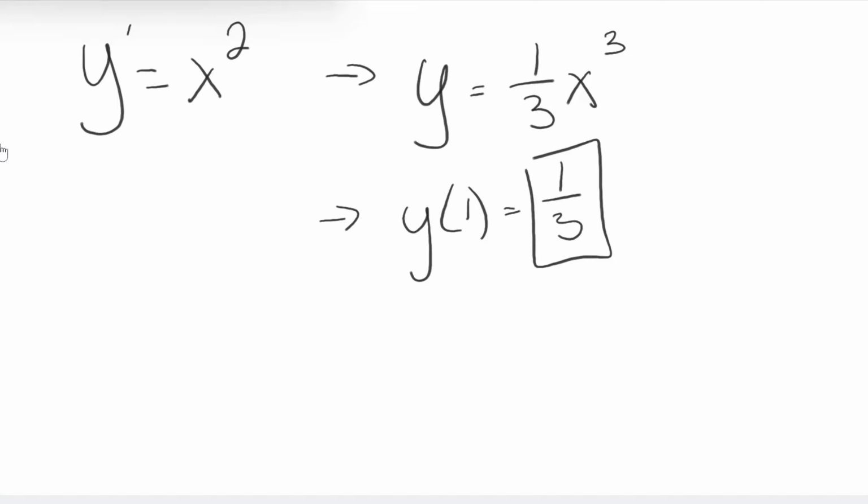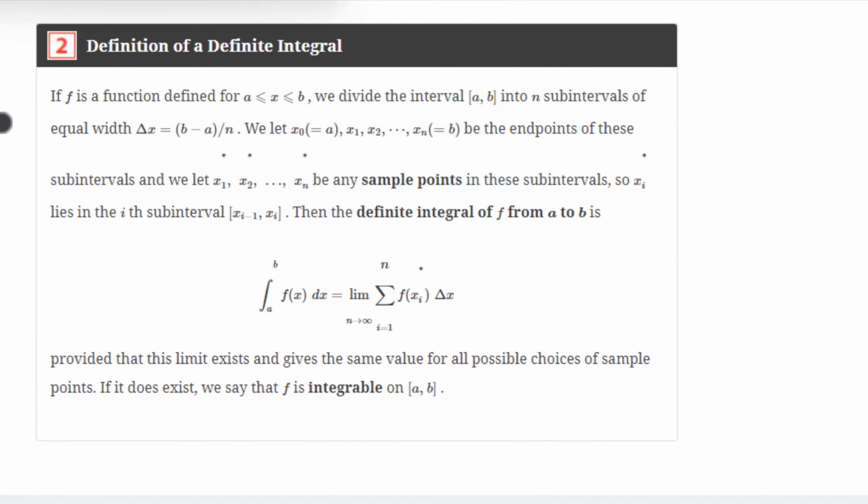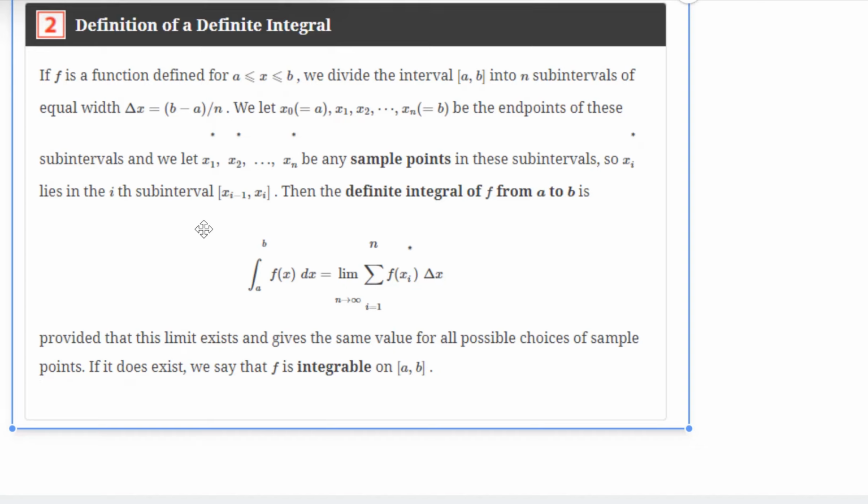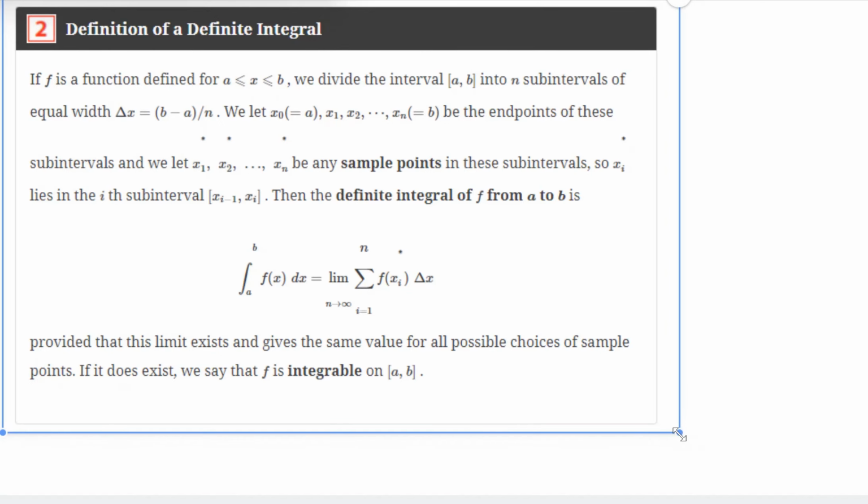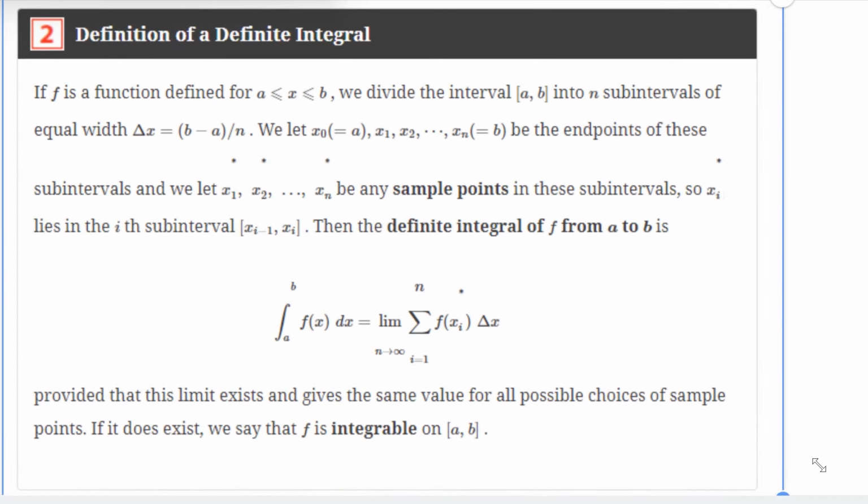Okay, so the antiderivative, or the integral, basically is a way for us to find area underneath any curve, as long as we have an equation for that curve. So that was all of section 5.1, by the way.